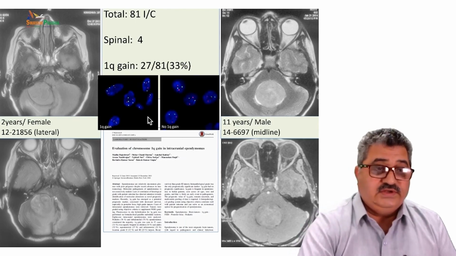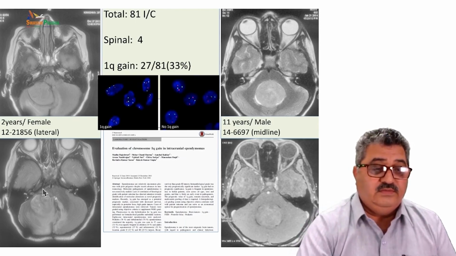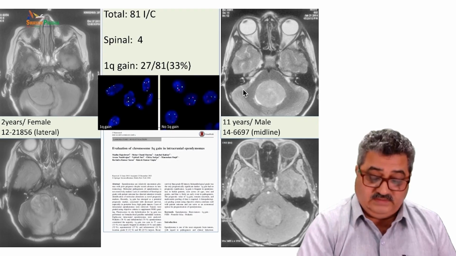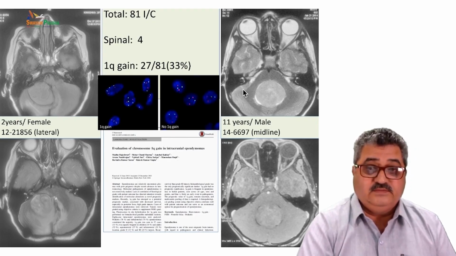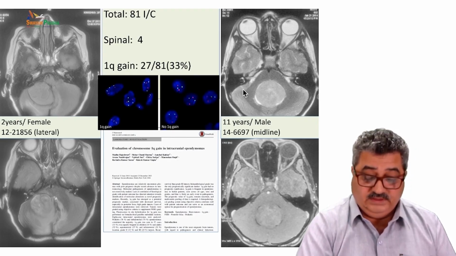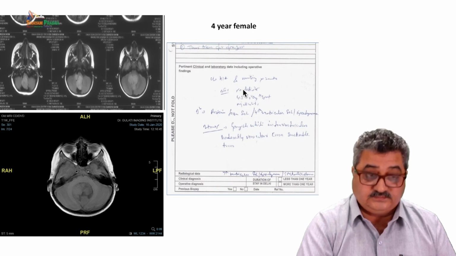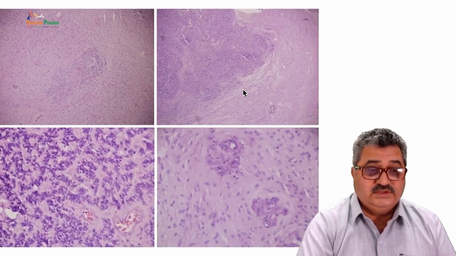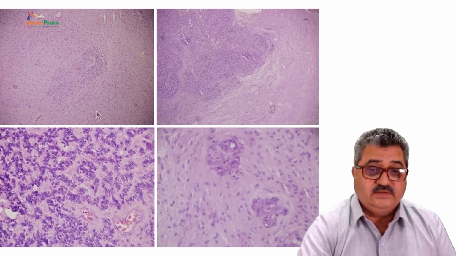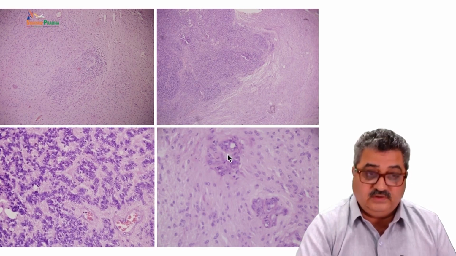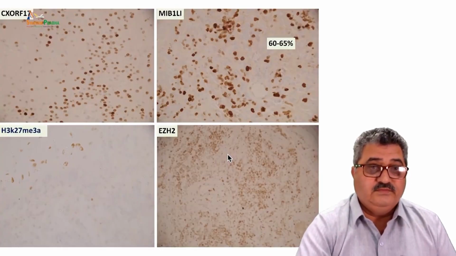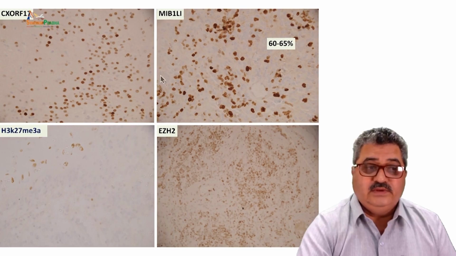Now one of the features is that they are laterally located or medially located, but sometimes, especially in our setup, the patient presents so late that it is very difficult to make out whether it is medially placed or laterally placed. So this is one tumor which is medially placed. This is very cellular. There is endothelial proliferation, mitosis, and they show a very high MIB labeling index.